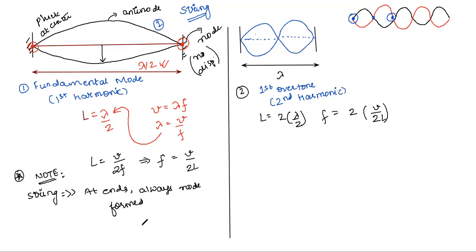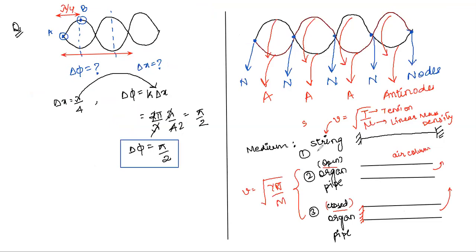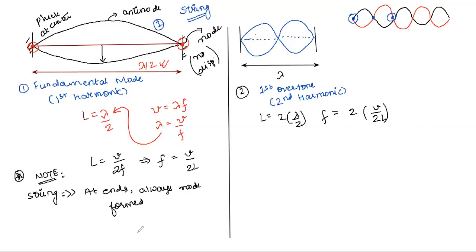Whichever kind of instrument we are considering, whether we are talking about string, open organ pipe, or closed organ pipe, always the first mode is called fundamental, right? Second mode is always called first overtone. Third mode will always be called second overtone, and so on and so forth. But if that is clear, keep also in mind, what does this harmonic mean?